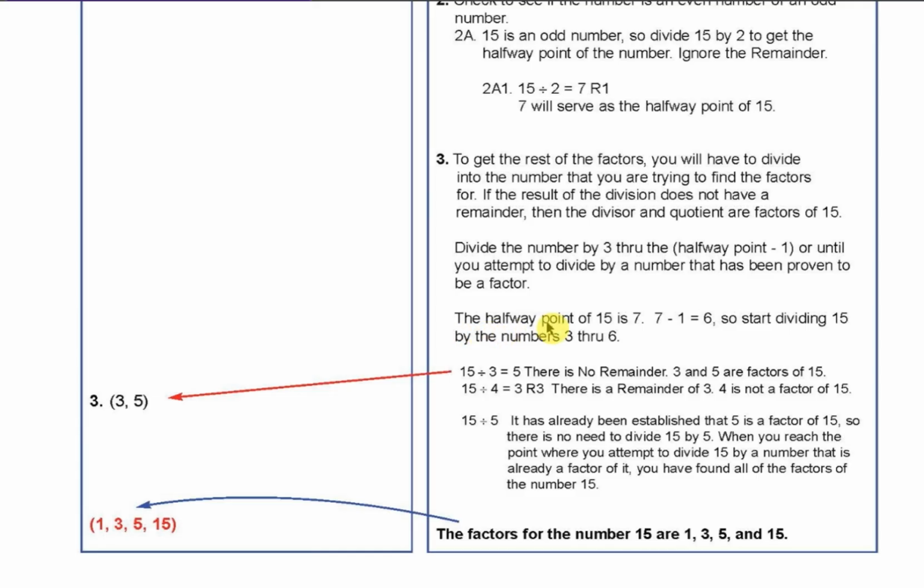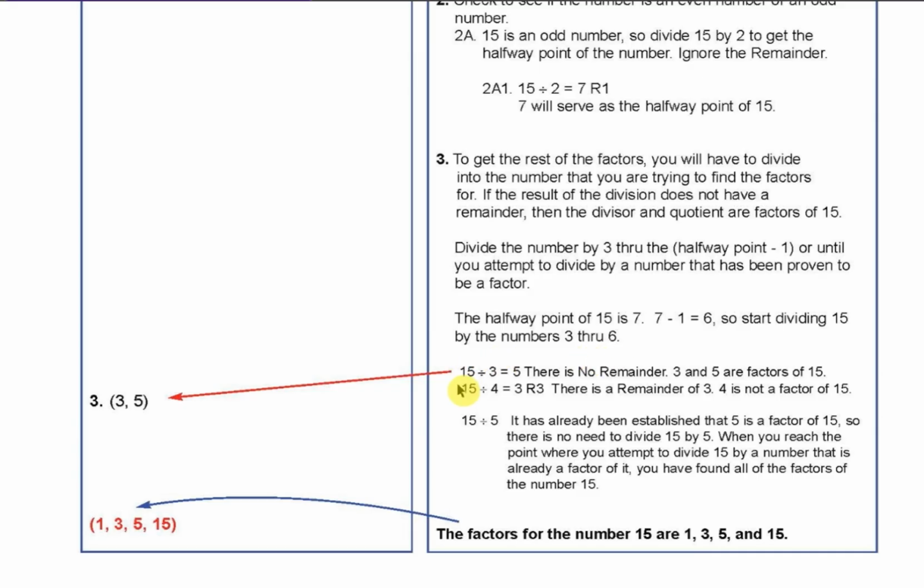Since the halfway point of 15 is 7, we will subtract 1 from the halfway point. 7 minus 1 equals 6. So, we will start dividing 15 by the numbers 3 through 6.